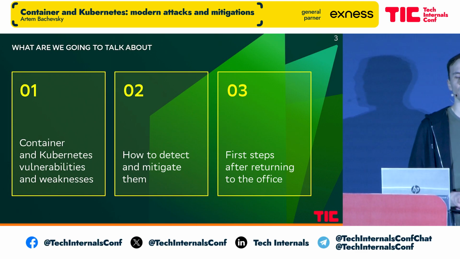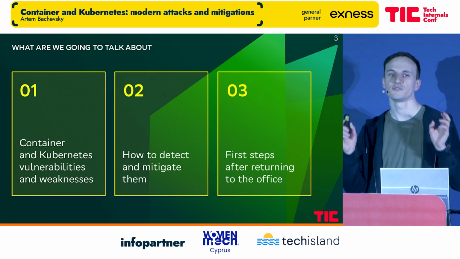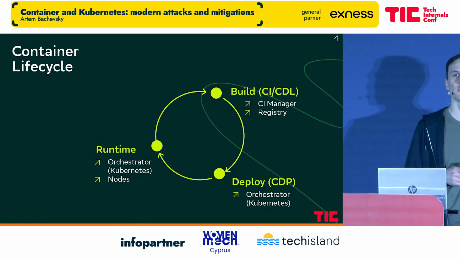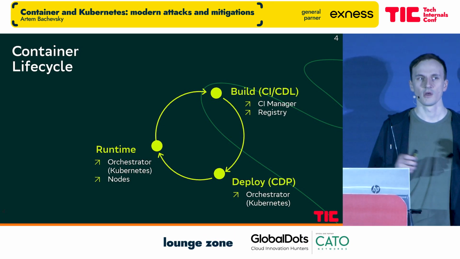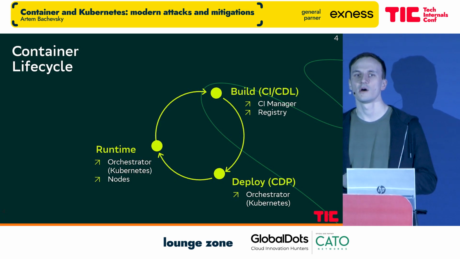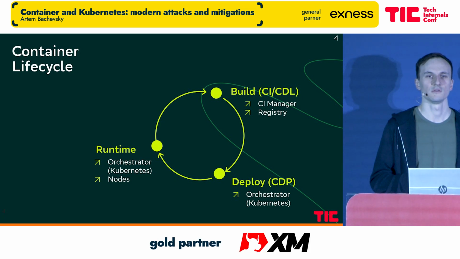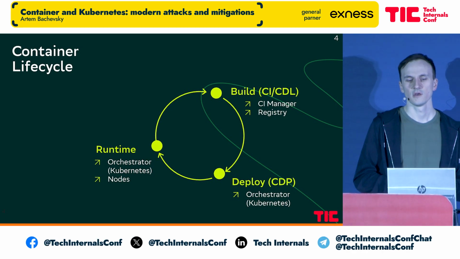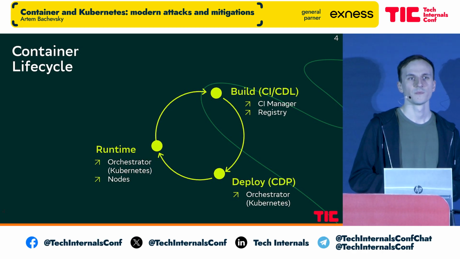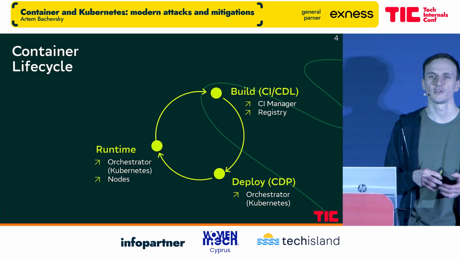First, I want to talk a little bit about the life cycle of containers and some points of action in their life cycle. The first stage, as I think, is the build step. It goes on a CI manager, for example, in CI/CD. There are a lot of them, GitLab, Jenkins, Bamboo.